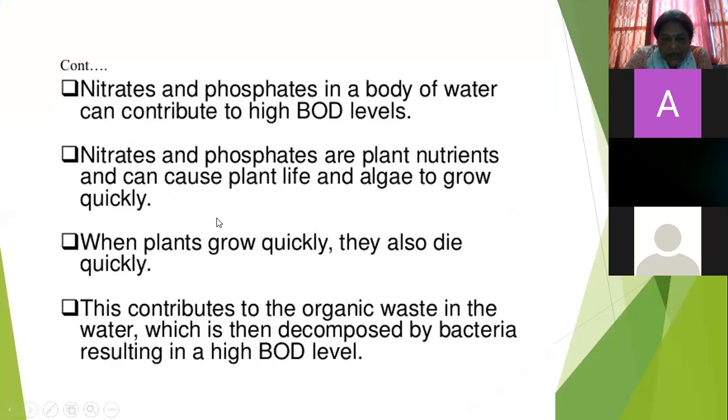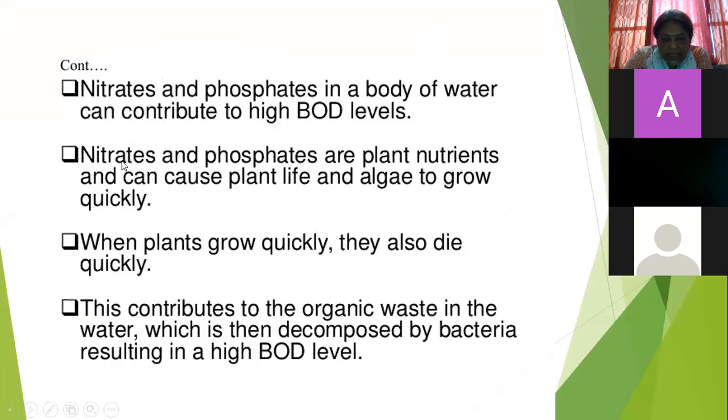So this is BOD, and how the BOD increases. If the nitrates and phosphates in the water body are high, then BOD is also high, because nitrates and phosphates are the nutrients. These nutrients also add on to the increase in the amount of microorganisms in the water body.